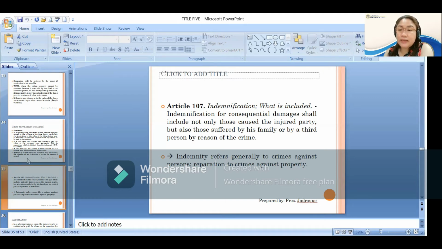Okay, and take note, it may include those damages suffered by his family or by a third person by reason of the crime. So indemnity refers generally to crimes against person, while reparation and restitution refer to crimes against property as a general rule. So let's illustrate.